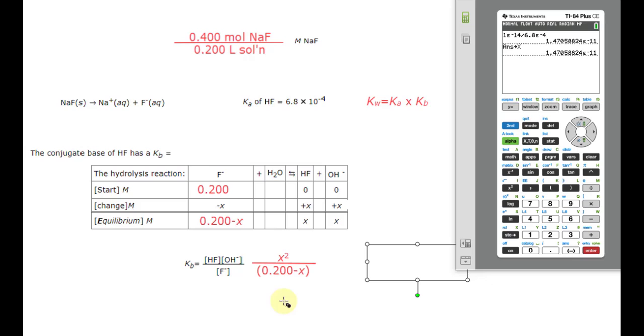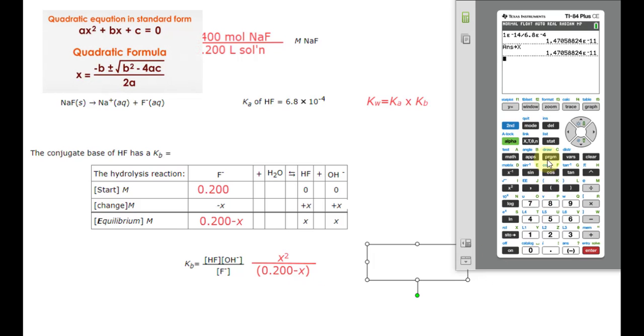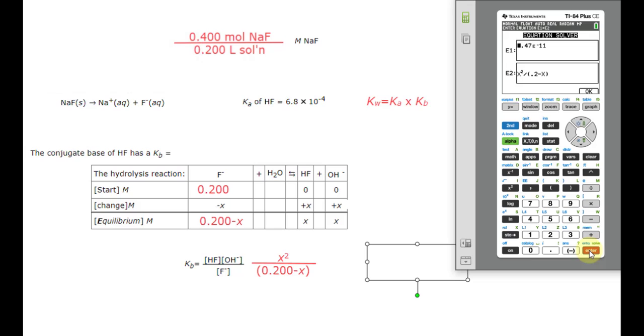Well, solving this might be a problem because we've got a quadratic equation. You can solve a quadratic equation if you're good with doing it the long way, negative b plus or minus the square root of whatever. But I've got our calculator here that I paid some money for, so I'll switch over to its solver function.